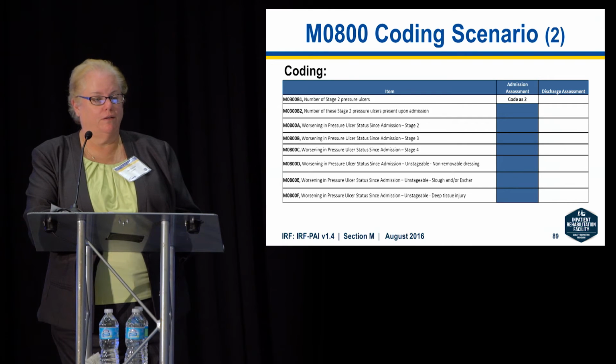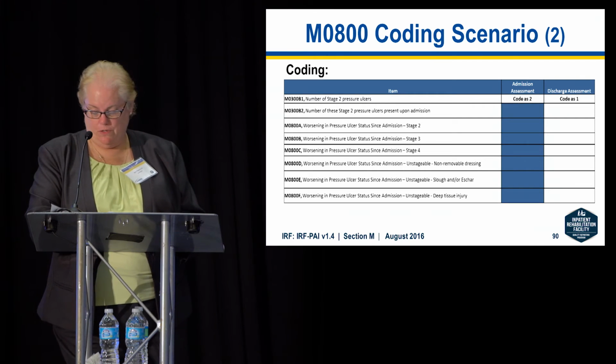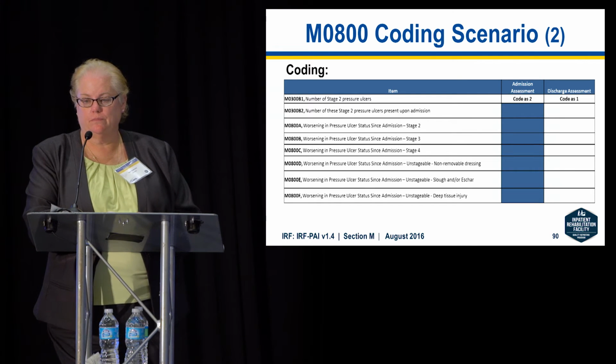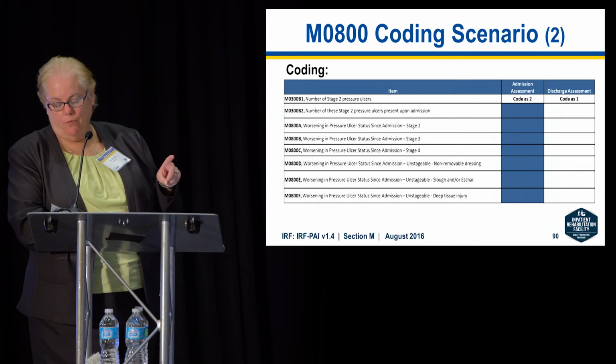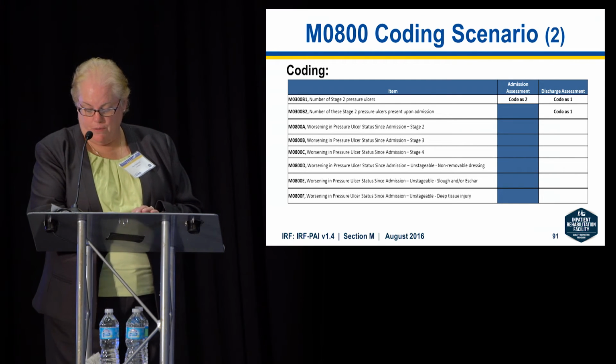Is that the consensus? Yes, we're coding as a 1. Number of these stage 2 pressure ulcers that were present upon admission: 1, right. So we have 1 on discharge, and of that, 1 was present upon admission.